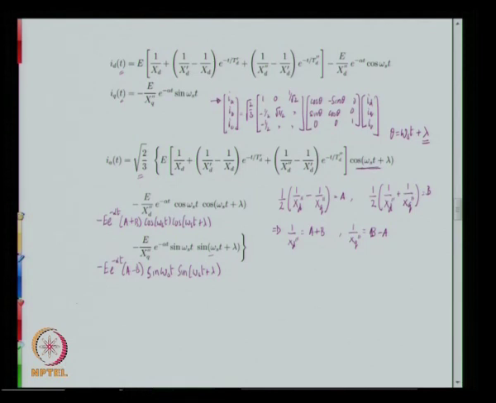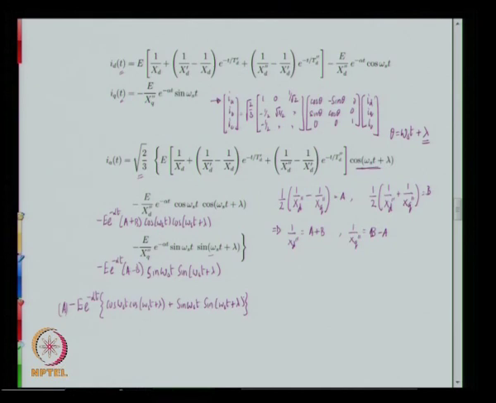Each of these terms can be simplified as you have e to the power of minus alpha t into, let us take A outside, and then you have cos omega st cos omega st plus lambda plus sin omega st sin omega st plus lambda.